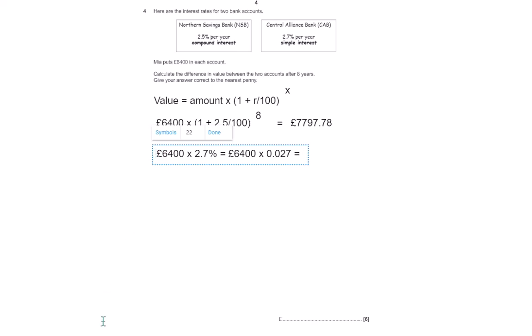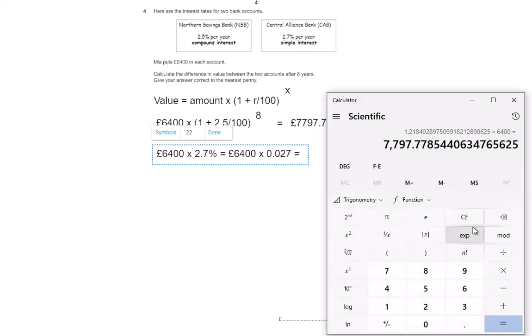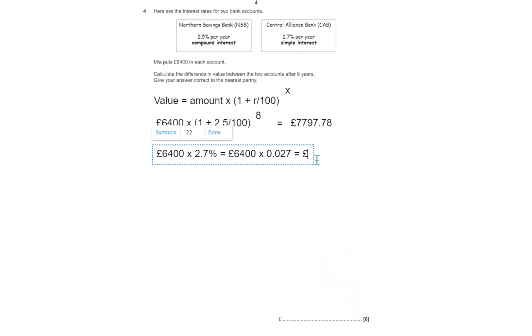And we can use our calculator again. £172.80. And that's the amount of interest for 1 year. And as it's simple interest, it's the same every year.